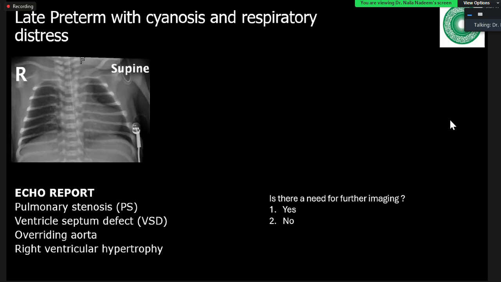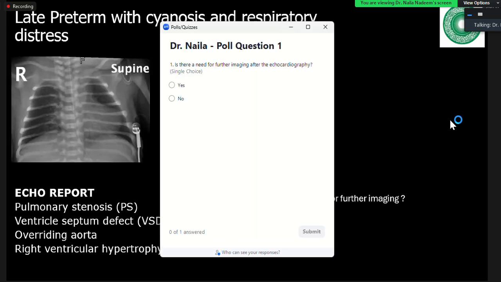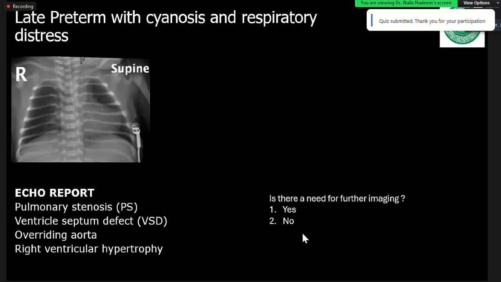So, my first question to my audience: is there a need for any further imaging after this report? The options are either yes or no. So, the chances are you're going to be 50% correct.